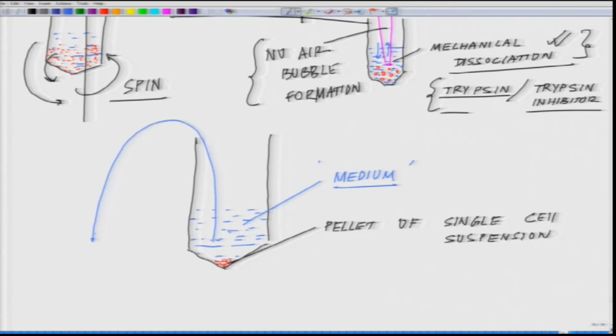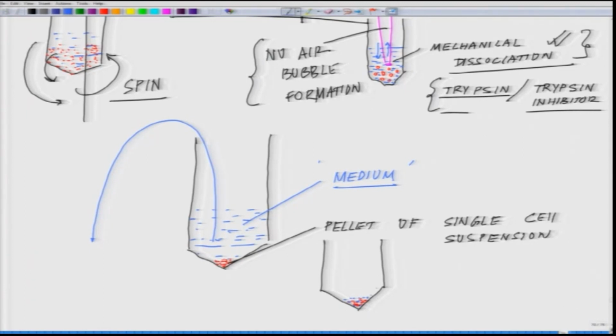So, what you are left with is, of course, keep some little bit of a medium, very little bit, good enough, so that it does not get dry. Now, you have a single cell suspension here.